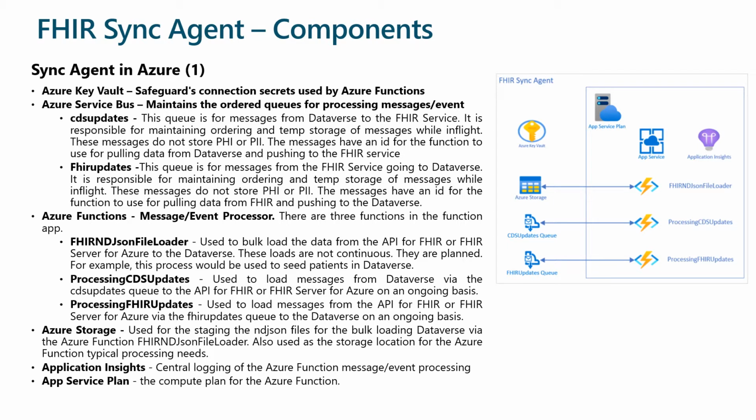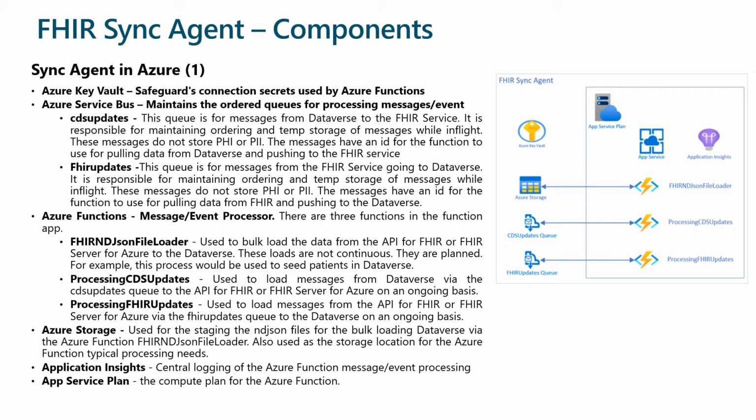Both queues maintain the order of the messages coming in and also hold temporary storage of messages while in flight. In addition to these service bus queues, we also have an Azure storage to bulk load the data and process it into Azure API for FHIR.